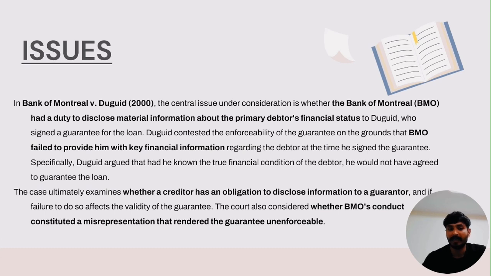Dugid argued that if he had known the true financial situation of the borrower, he would not have signed the guarantee. So the case ultimately examined whether a creditor has an obligation to disclose information to a guarantor, and if a failure to do so affects the validity of the guarantee.